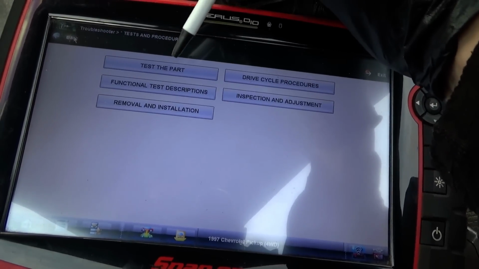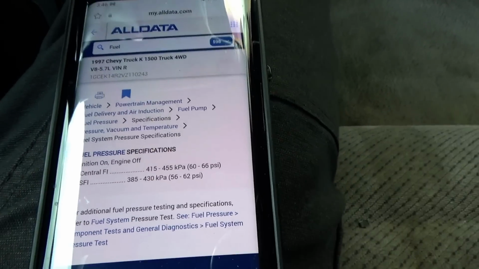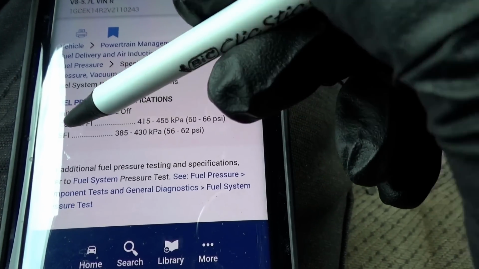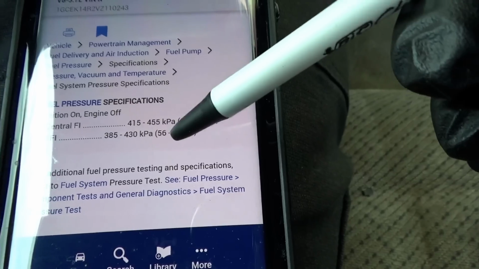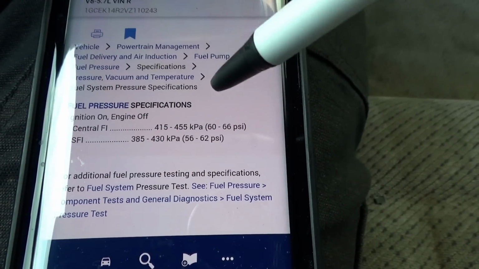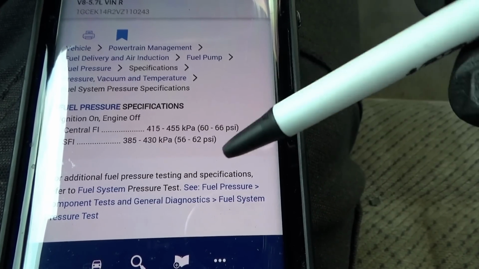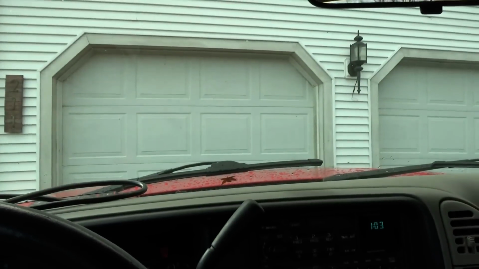Nope. Maybe it's faster to go to all data. Alright, on all data, central fuel injection 60 to 66 psi, or sequential fuel injection 56 to 62. So right around 60 should be our pressure. But with an aftermarket Spider, who knows, the regulator might be set to something lower. So let's hook up a fuel pressure gauge to the Schrader port and see where we are.